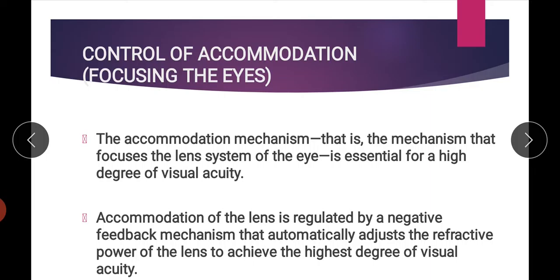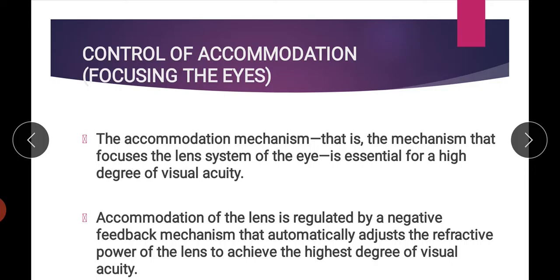The refractive power of the lens increases as the curvature of the lens increases, and refractive power is 1 divided by focal length. So if we decrease the focal length, the refractive power increases. That is mainly to increase visual acuity for near vision.